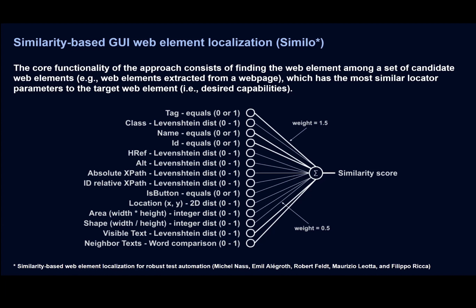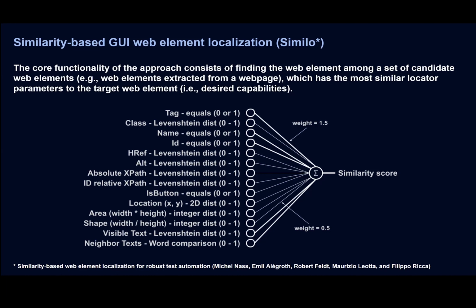And it also takes the locator properties from the one that we want to find, the target, and compares all the properties with each other and creates a similarity score. And in the end, it picks the one with the highest similarity. And that's hopefully the right one.